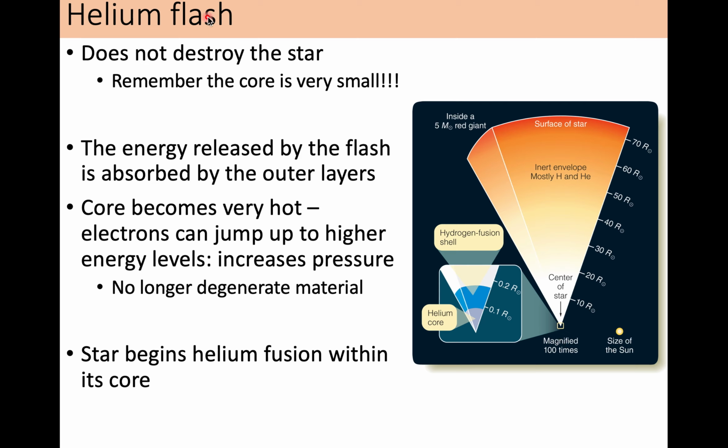It is this helium flash that does that. So after our helium flash, there's a huge release of energy from the core, and the core is no longer made of that degenerate material, and it's hot enough for the star to begin helium fusion on its own.